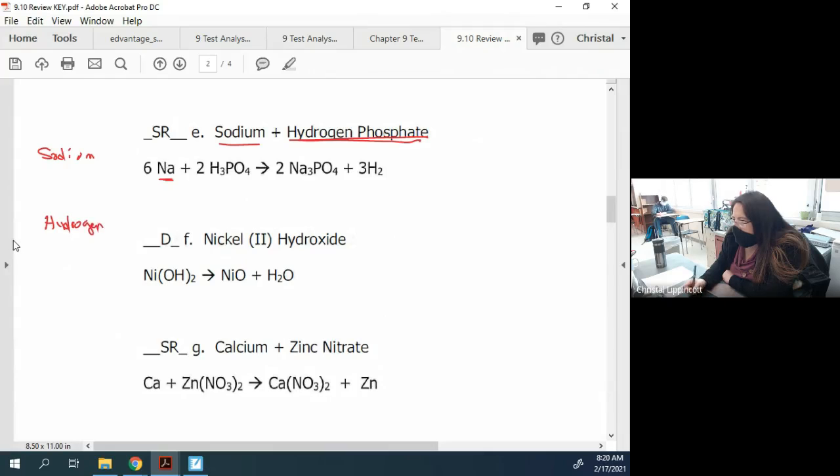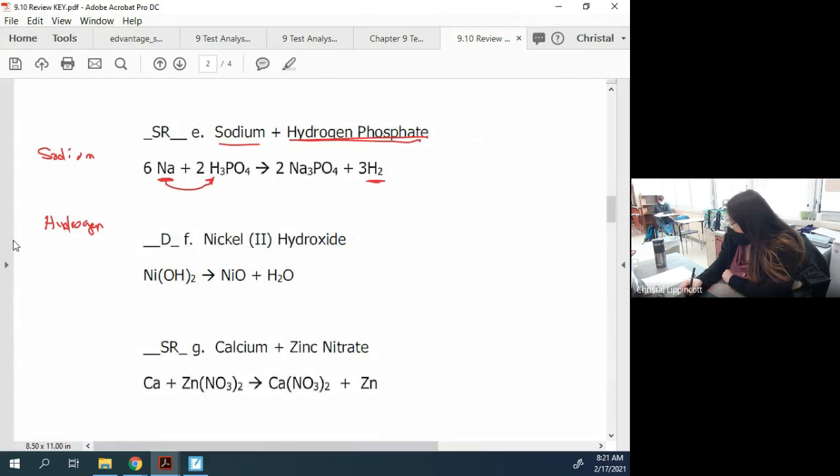So sodium has shown up to the game. He's on team metal. He is trying to bump hydrogen out. Is sodium a better player than hydrogen? He's higher up on our roster. He's a better player, which means hydrogen's going to have to go sit on the bench.